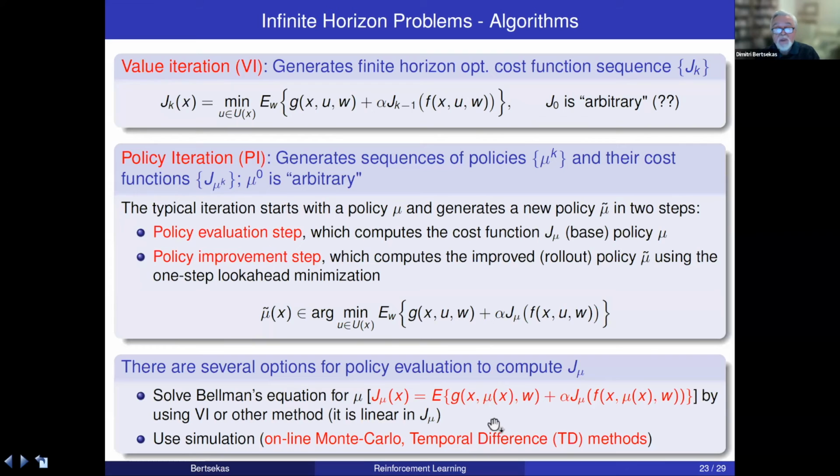So all of this suggests that this policy iteration algorithm is more sophisticated and more time-consuming than this algorithm. On the other hand, we're going to see that it is much faster. And it's also better suited for approximations of the type that we do in reinforcement learning.